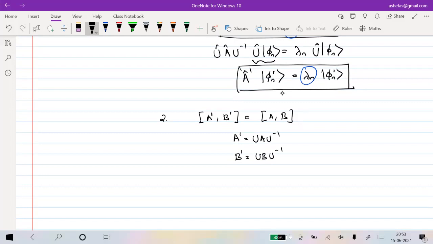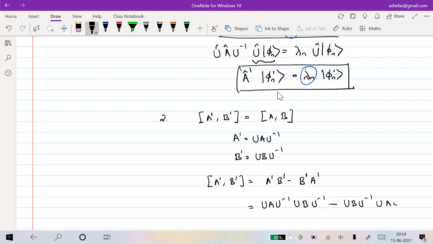So the commutator of A prime and B prime equal to A prime B prime minus B prime A prime. So A prime is U A U inverse, B prime is U B U inverse, minus B prime U B U inverse and A prime U A U inverse.